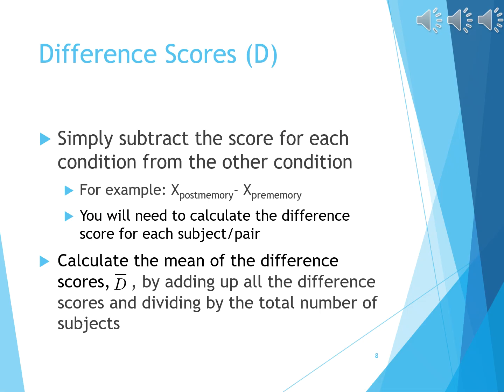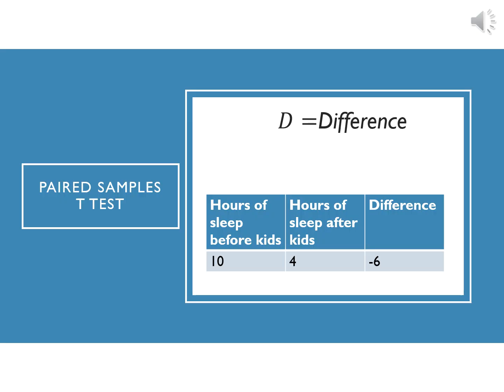Then we can use this mean of the difference scores to calculate a t-statistic and compare that to a distribution of means.